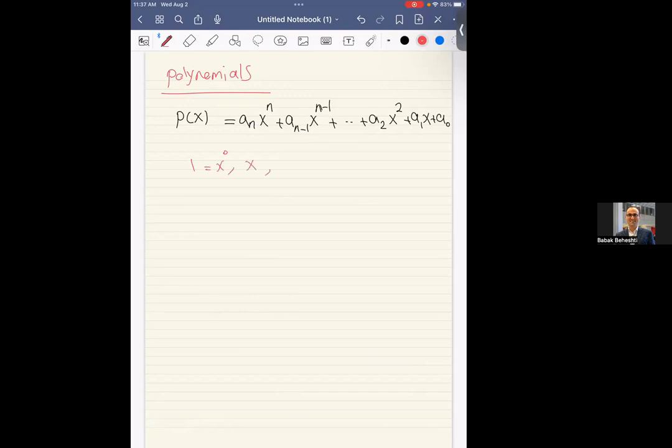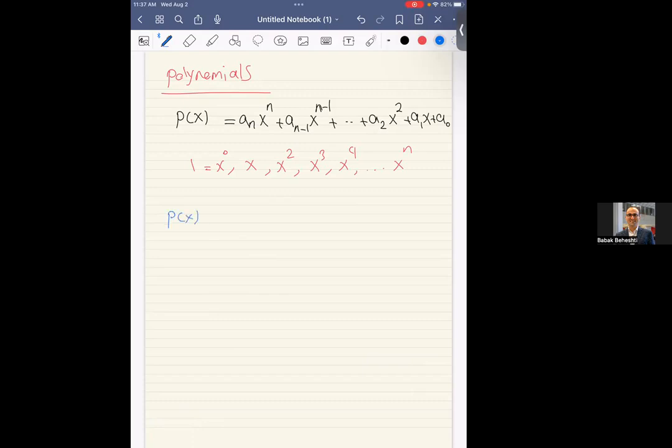And then x squared, x cubed, x to the power 4, x to the power n. So here are the different powers of x, including the 0 power, which is just 1. Now, you can combine them together with any coefficients that you want to build a polynomial. So these are basically the building blocks of a polynomial.